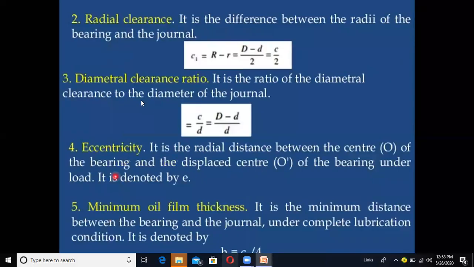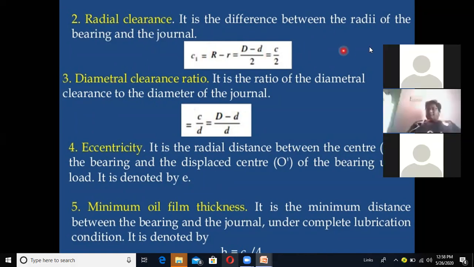Next, the second one, radial clearance. It is the difference between the radius of the bearing and the journal. It is denoted by CR, which is capital R minus small r.